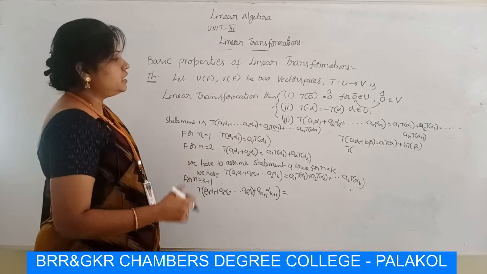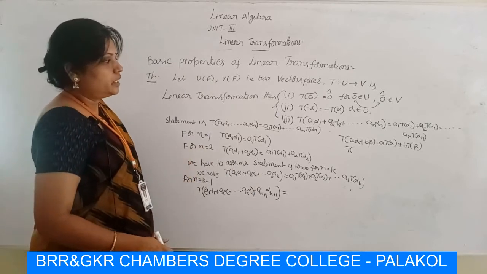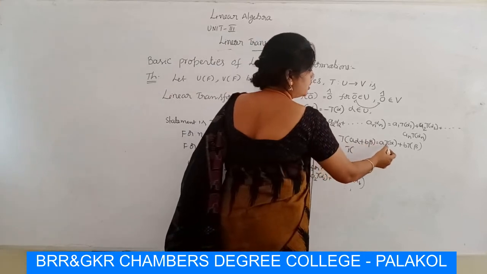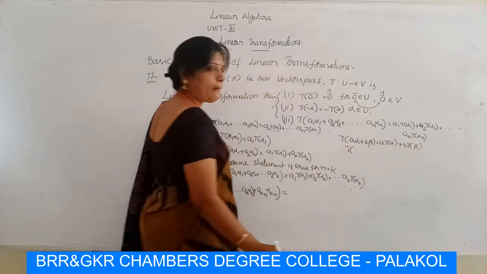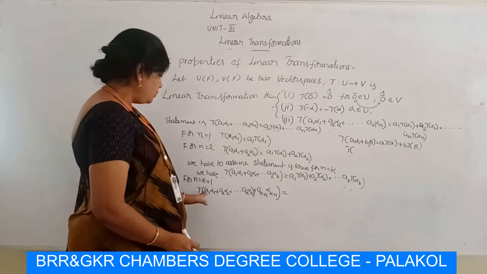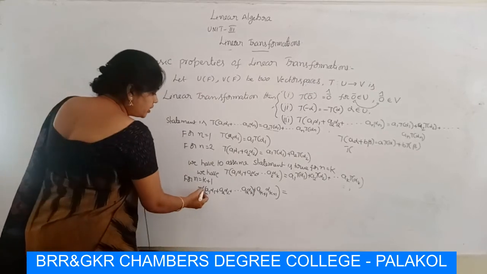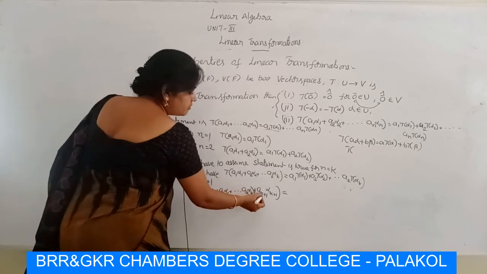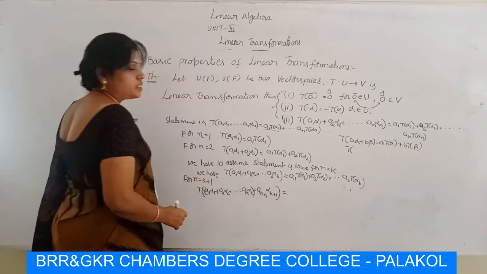Here T is a linear transformation. By the definition of a linear transformation, T of A alpha plus B beta is A into T of alpha plus B into T of beta. Here ak plus 1 is a scalar and alpha k plus 1 is a vector.